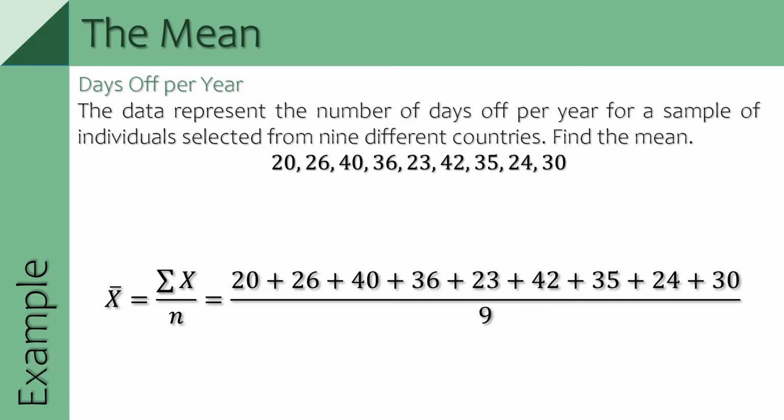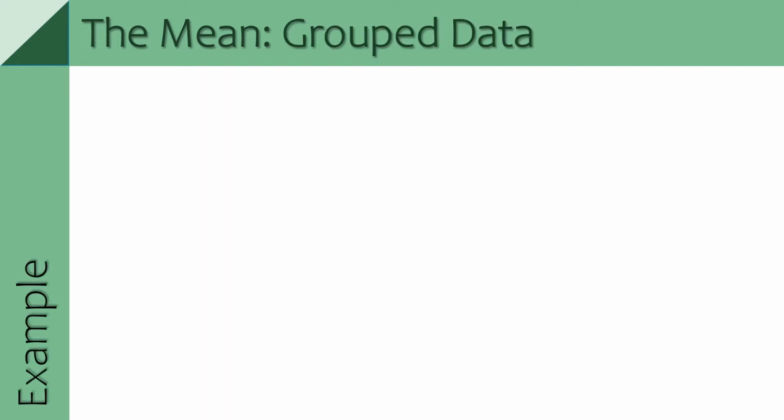If we add the numerator, we will have 276 over 9, and that is equal to 30.7 days. So that is the average days off per year of 9 different countries.